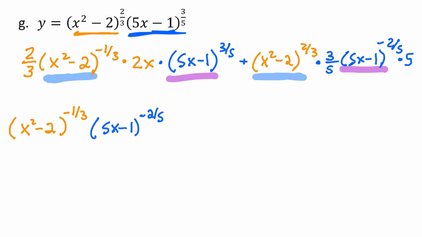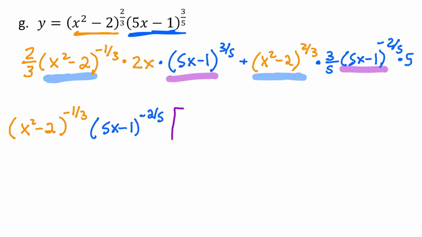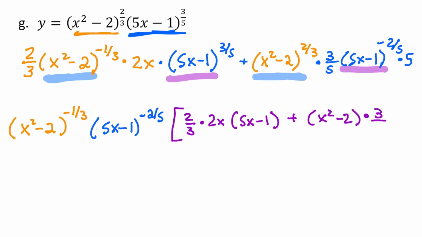And then what that's going to leave me with is my 2/3 times 2x. And then if I subtract my exponents on my 5x minus 1, 3/5 minus negative 2/5 just makes that to the first power. And then same idea on my next one. If I take 2/3 minus negative 1/3, I just get an x squared minus 2 to the first power.